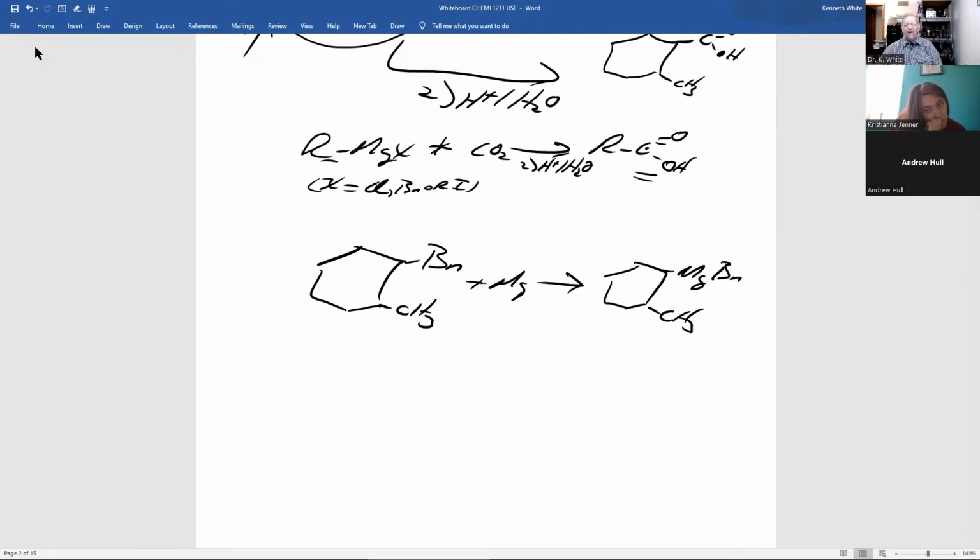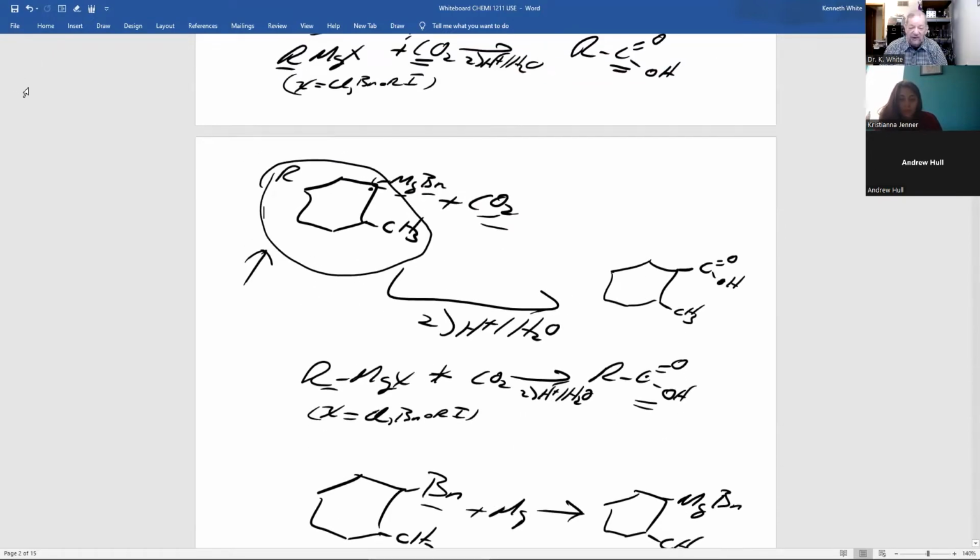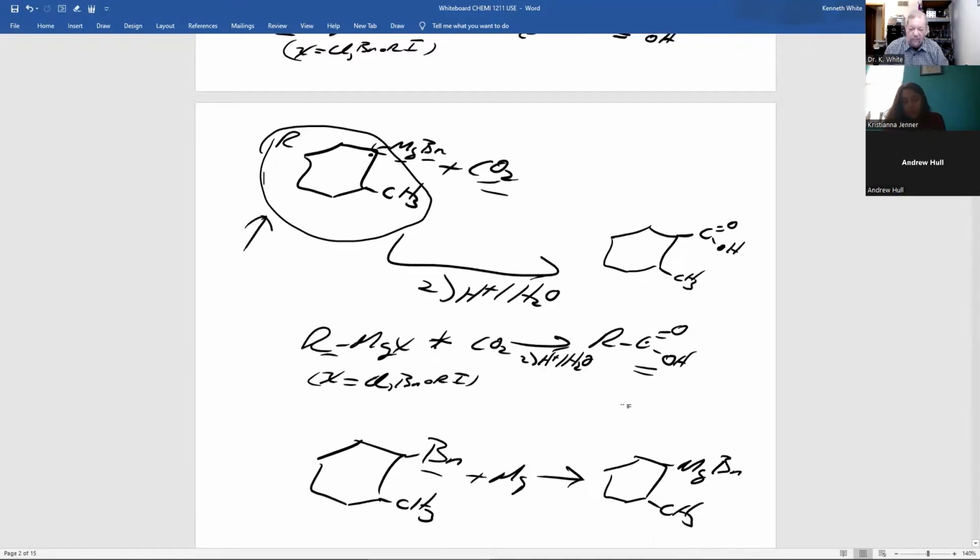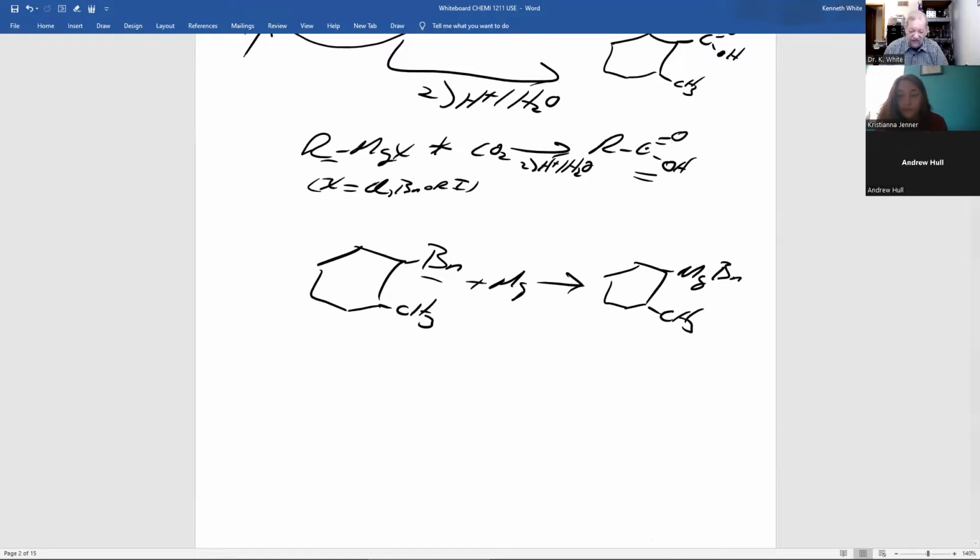And if you had an alcohol, you could react with HBr to make that. You could make the alcohol from the double bond if you couldn't buy the alcohol. And that's how an organic chemist thinks when he's doing synthesis. You work backwards until you can buy what you need to use. Then you buy it instead of working backwards. If you can't, you keep on working backwards. Without using the Grignard, I don't know how I would work backwards to put that carbonyl with the hydroxyl group on there. And that's carboxylic acid.